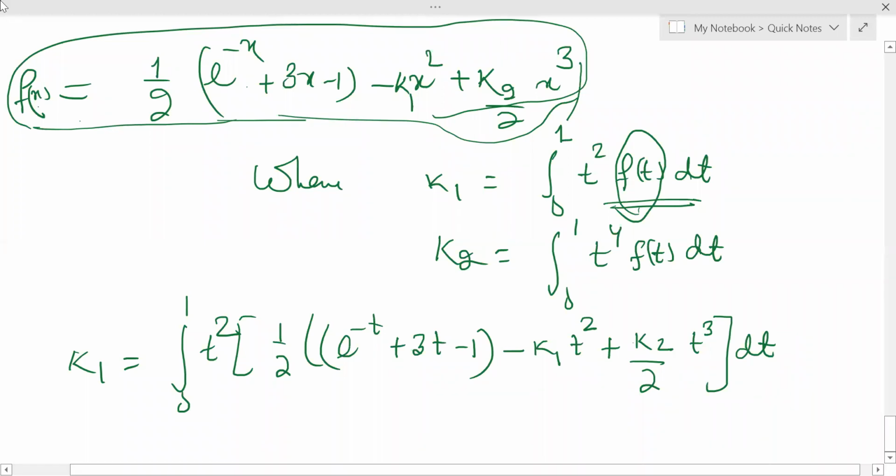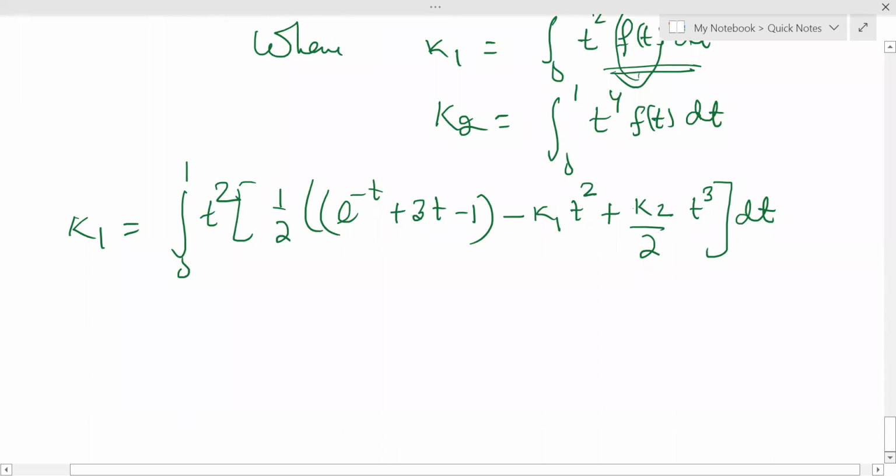Now to integrate this function, solution becomes t square e to the minus t dt. You have to integrate this function, integrate separately. इसको इंटीग्रेशन कर सकते हैं. तो just you can 1 by 2 is taken outside here.